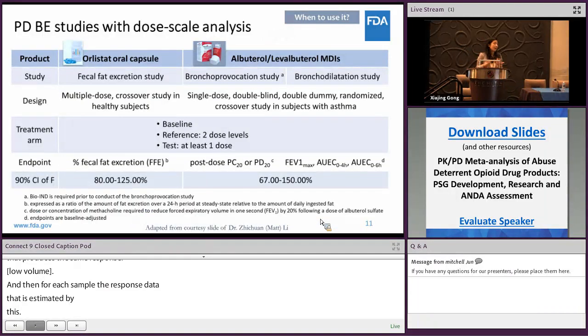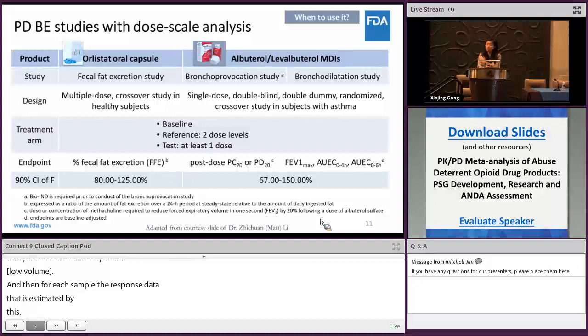And now we're back to the example, the two example drugs that I showed. So DoseScale analysis for PD studies is recommended in several products, and these are the two example products. There are a lot of details on this slide, which is basically to say what the study design is and what the PD endpoint is.